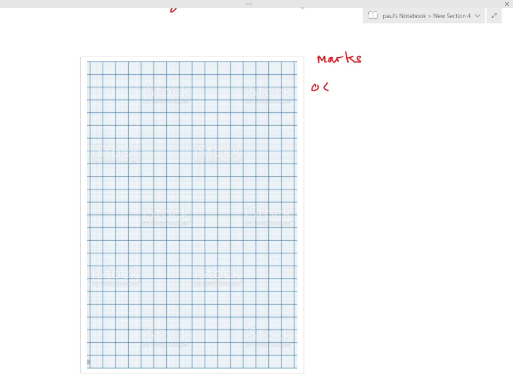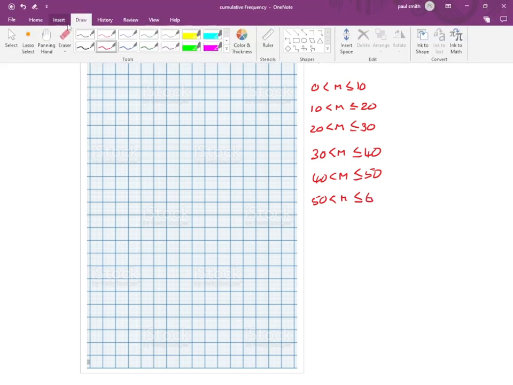So we've got 0 to 10, 10 to 20, 20 to 30, 30 to 40, 40 to 50. Don't forget, this will be already printed for you, so you don't have to do all this kind of stuff.